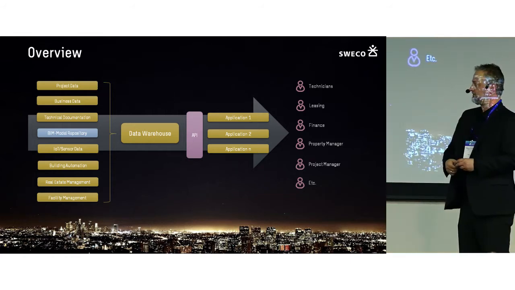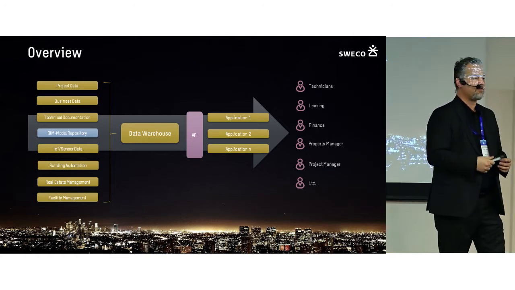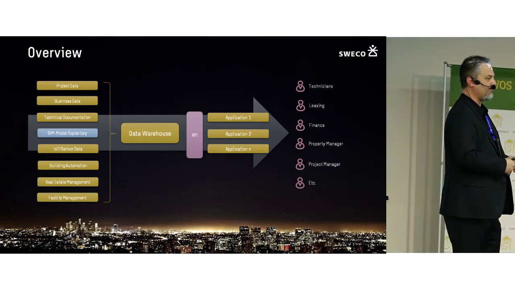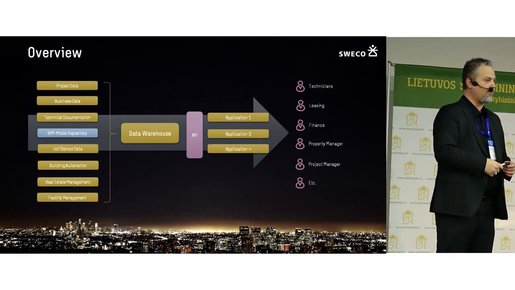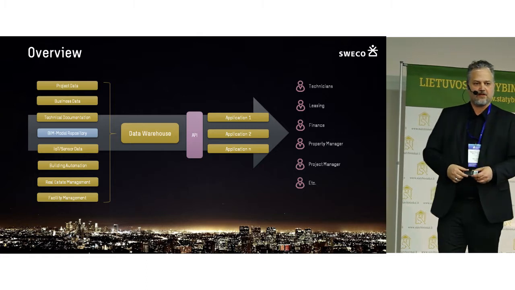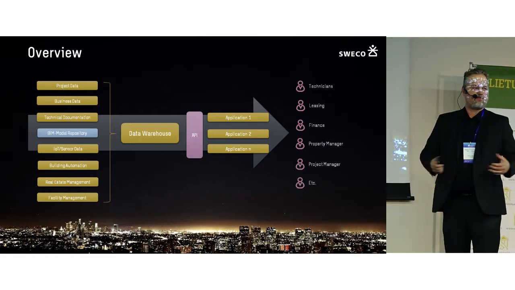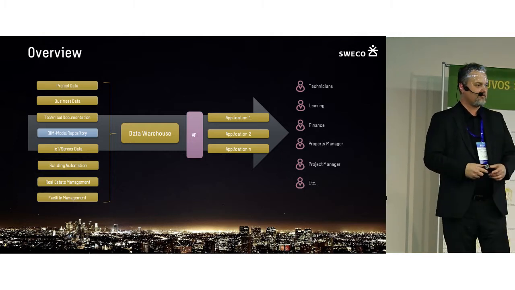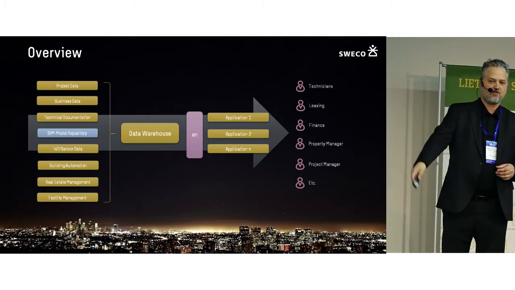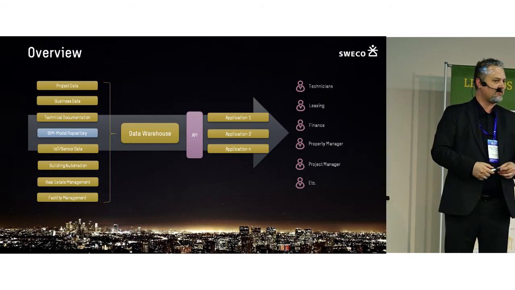But the idea here is to create a common truth, a common way to represent a building and an organization, and let all these other systems query that model. So you can get a shared view of areas, volumes, objects, assets that are shared between all systems in the organization.